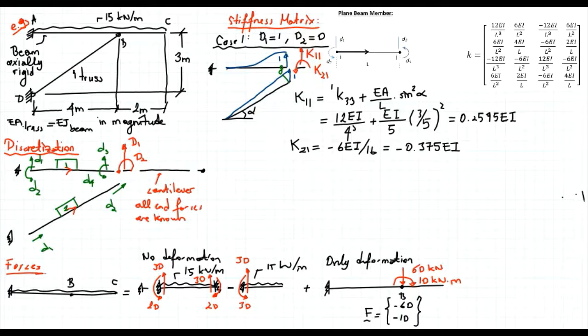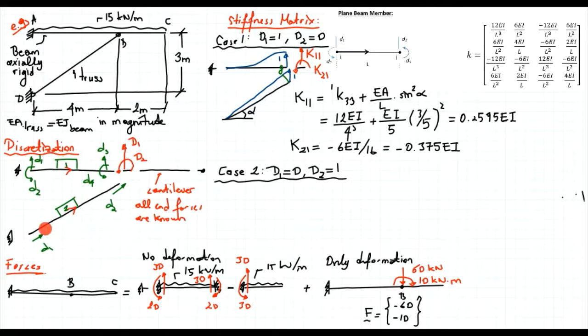Now let's take a look at case 2. D1 is equal to 0, D2 is equal to 1. Now we have a unit rotation, and we keep the translation equal to 0, meaning that for the rotation the resistance will come only from the first member.